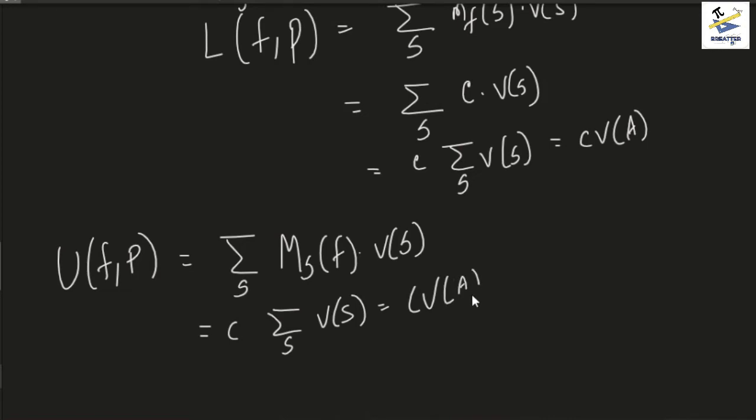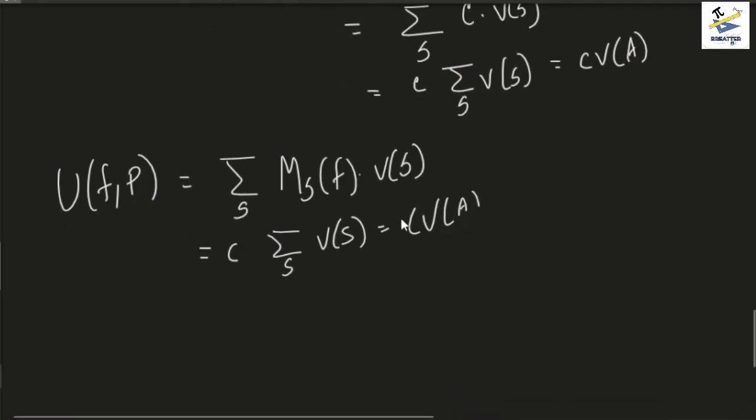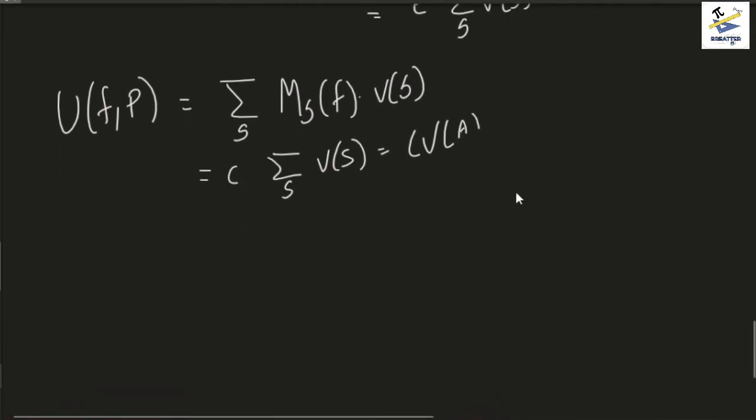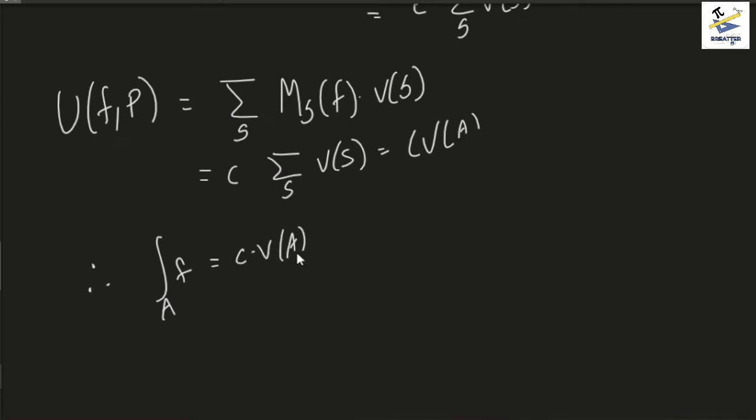And we can see that the supremum of the lower sum is equal to the infimum of the upper sum, because both of them are just C into V of A. Therefore, the integral of f over the region A is basically C into V of A, which is the volume of A.